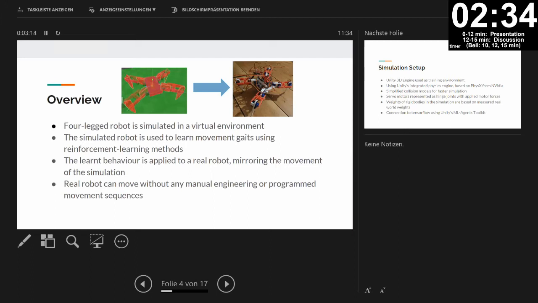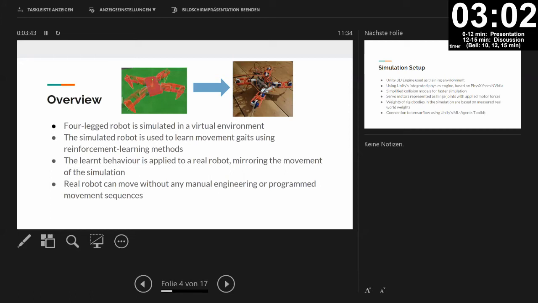So the robot is simulated in a virtual environment, and it learns specific movement gaits with reinforcement learning and tries to figure out the best method, and the performance is measured by the walking distance. So for us, the specific reward for the learning process is the walking distance with every step.